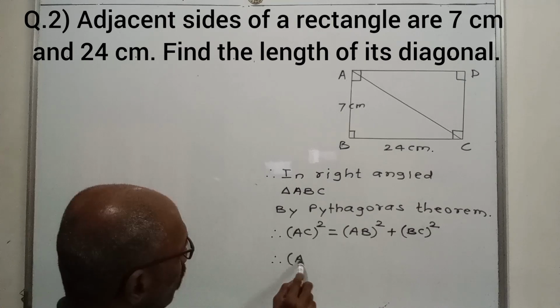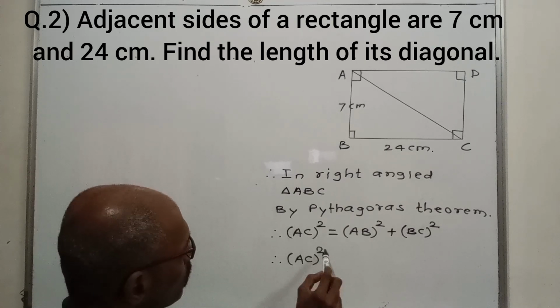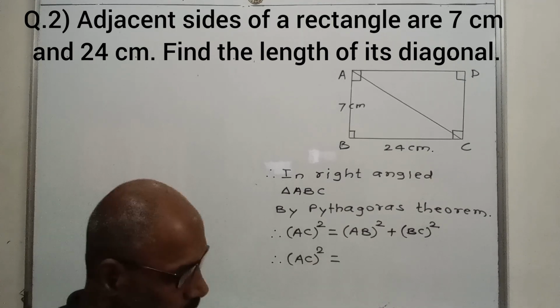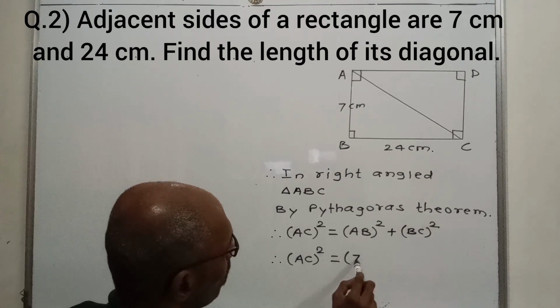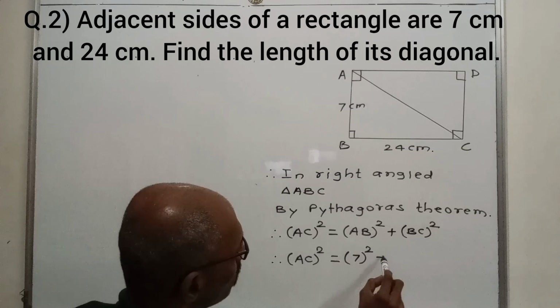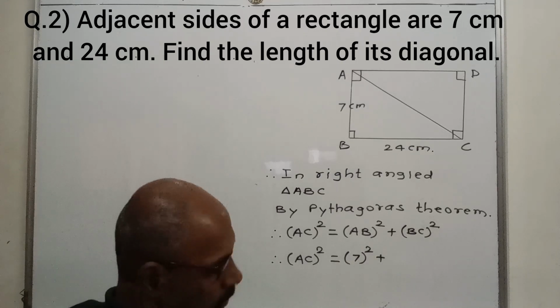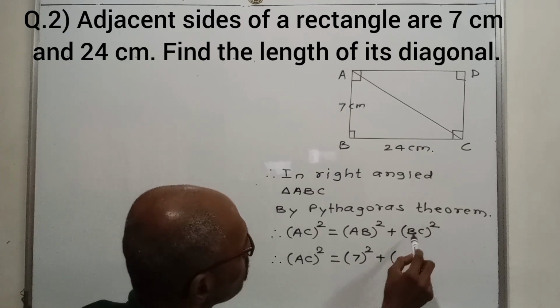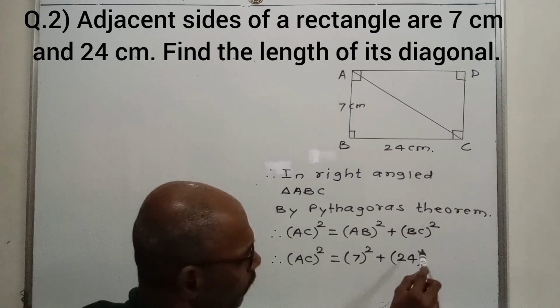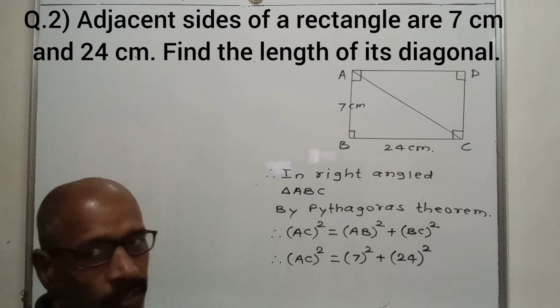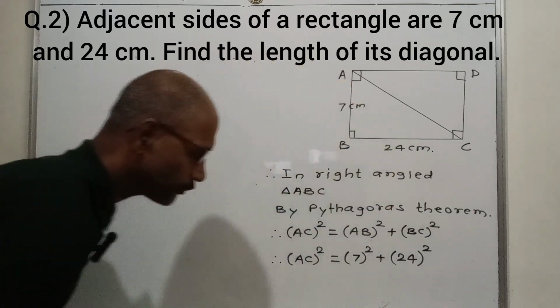We don't know the value of AC, so we write as it is. AC square is equal to AB 7 centimeter bracket square plus BC 24 centimeter, but I will write here only 24 bracket square.